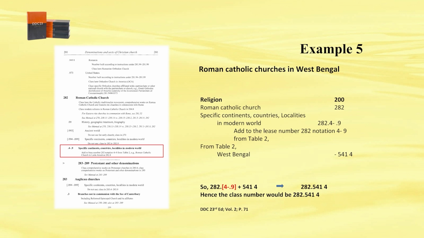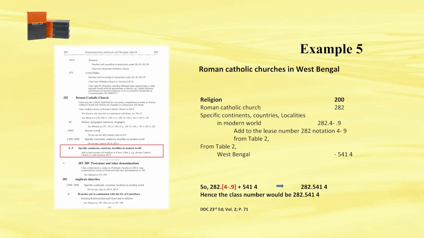And what was the instruction? The instruction was add the areas notation with the base number 282, not with the 282.4 to .9. So, naturally, we have to omit the 4 to .9 and add 5414 as areas notation. Hence, the class number will be 282.5414. Okay, it is a bit easier.